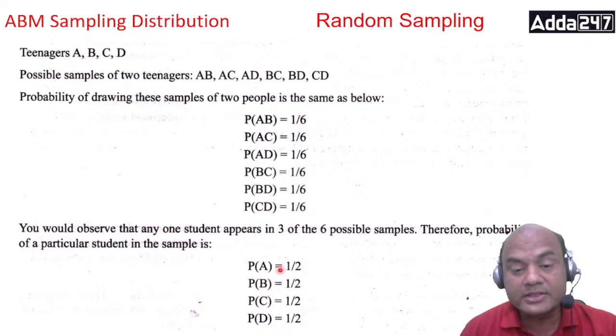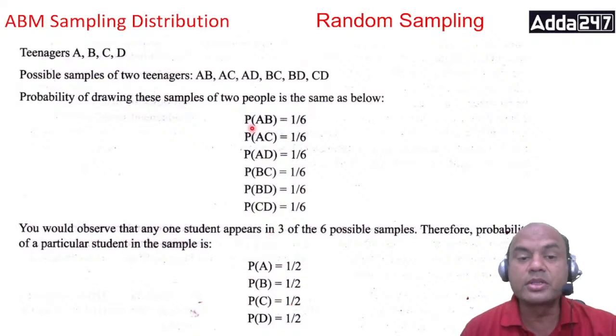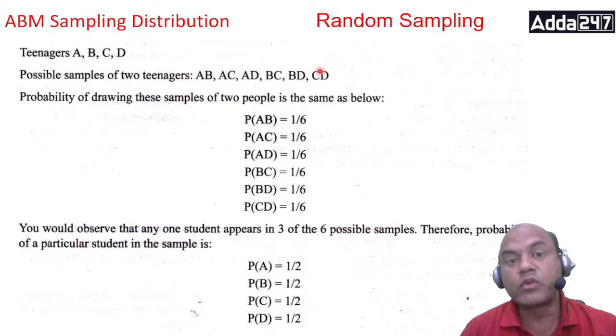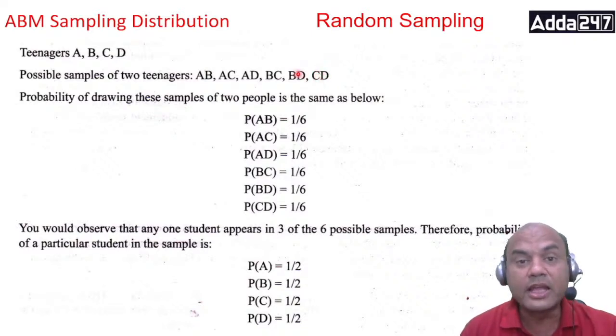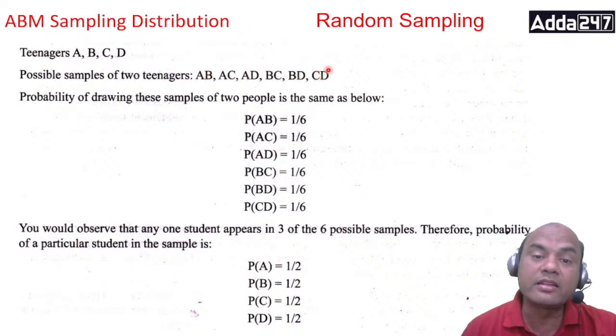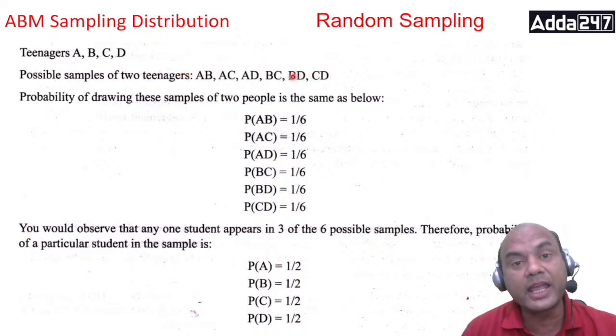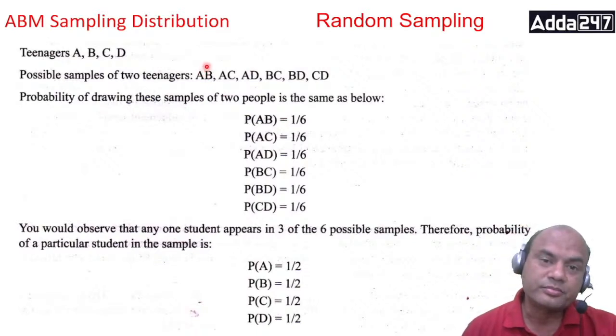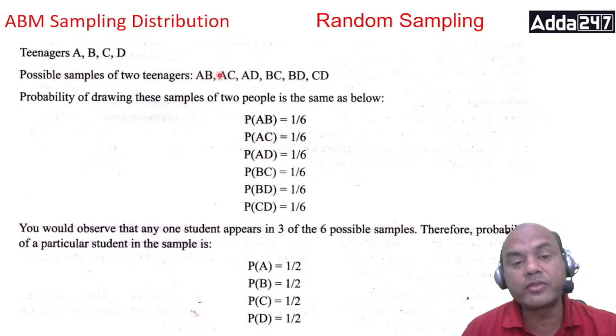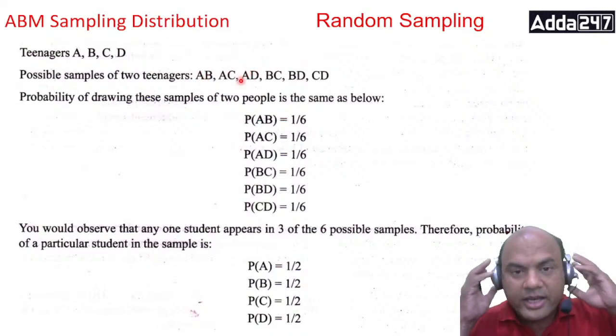Now look at this, this is separate. Suppose I make them stand in groups of 2s. What is the probability that I'll select A in any group which I select? Single person. A can be selected in how many ways? AB, AC, AD. In all these A is there.